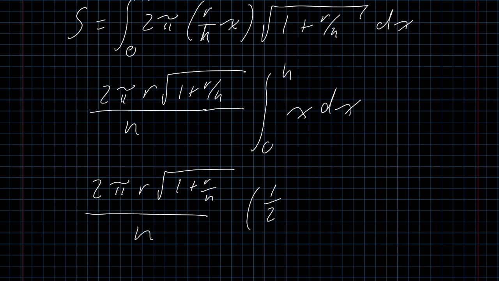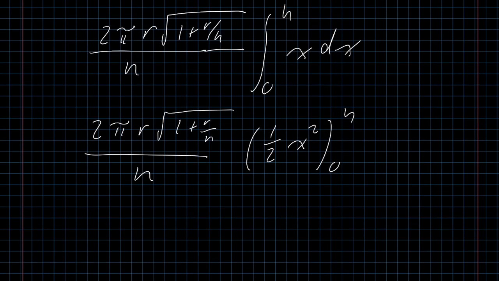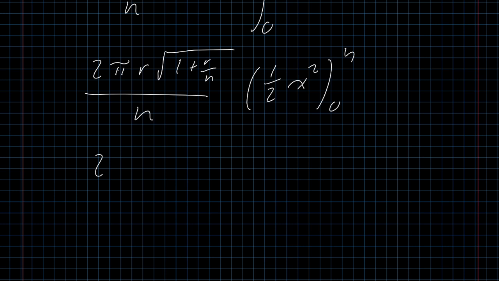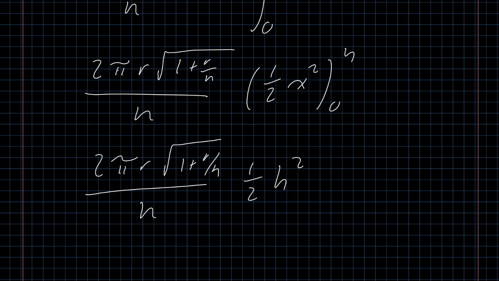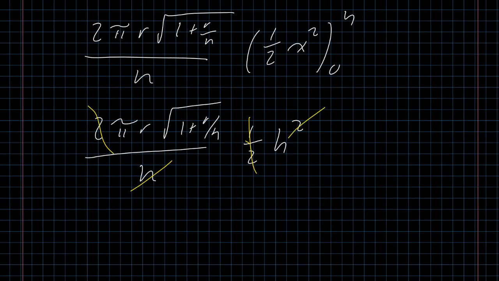So we'll have 1/2 x squared between 0 and h, which is going to give us 1/2 h squared. The 2 and the 1/2 are going to cancel each other out. The h down here is going to cancel out one of those h's.